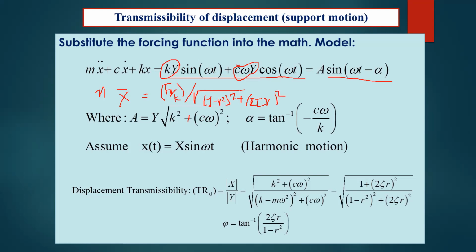That is the previous equation. So now, instead of F naught we have A, so you can substitute A here.